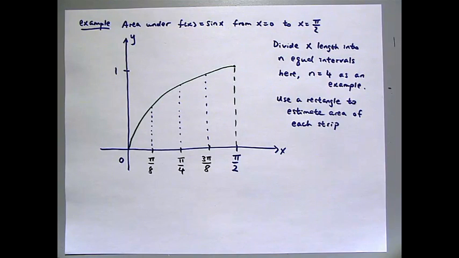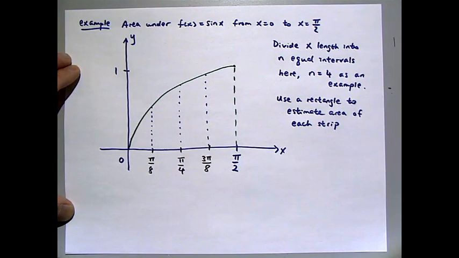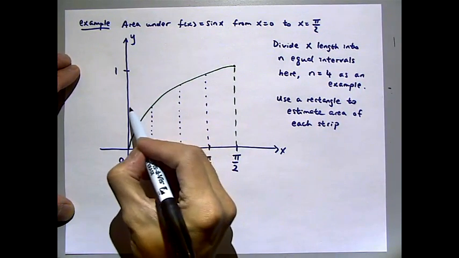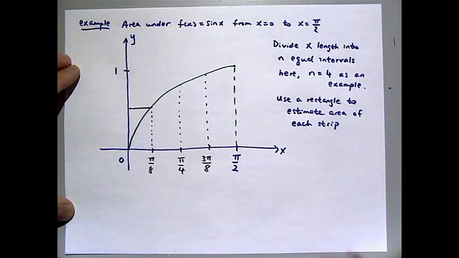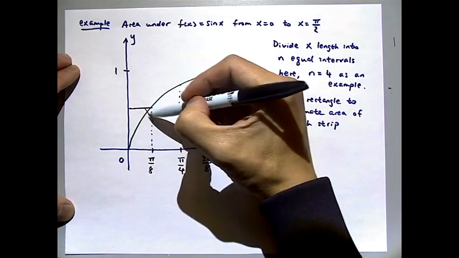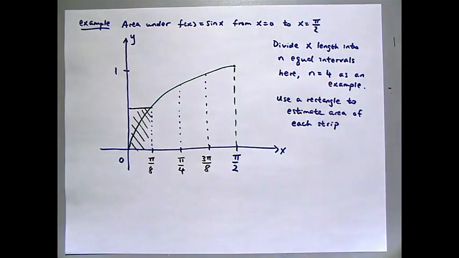For example, the idea is to use a rectangle. Rectangle is simple. Now, if you look at the case right here with the first one, I can estimate the area underneath that green curve by using a rectangle. Because I'm constrained to using a rectangle, I don't have a whole lot of choices.